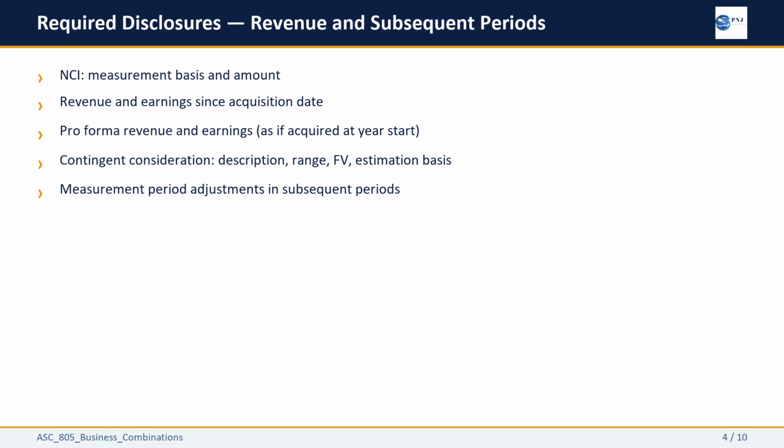These pro forma disclosures help investors understand the full-year impact. Third, contingent consideration: a description of the arrangement, the range of possible outcomes, the fair value recognized, and the basis for estimating it. And in subsequent periods, any measurement period adjustments must be disclosed, identifying the nature of the adjustment and what changed from the provisional amounts.